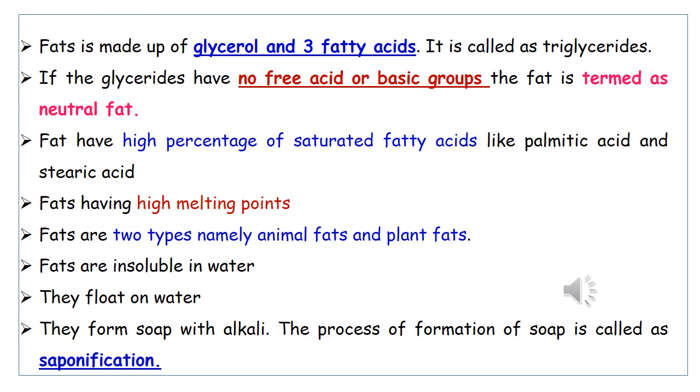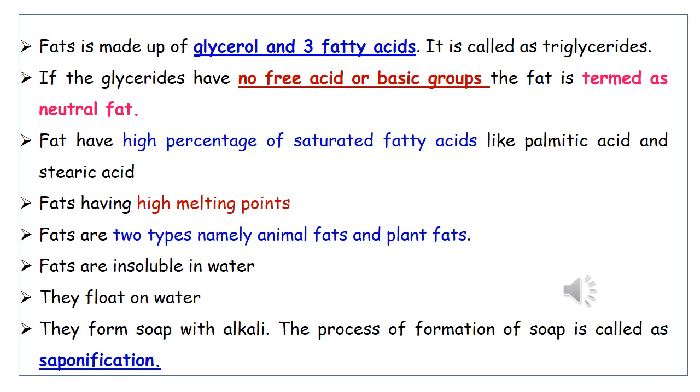The fat is made up of glycerol and 3 fatty acids. It is called triglycerides. If the glycerides have no free acid or basic groups, the fat is termed as neutral fat. Fats have a high percentage of saturated fatty acids like palmitic acid and stearic acid.